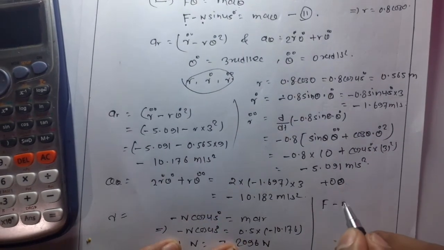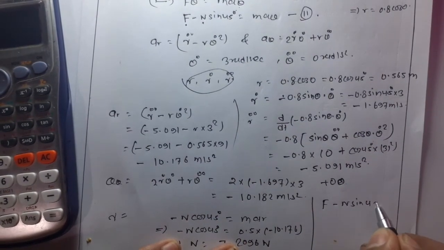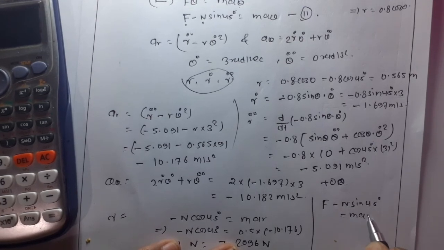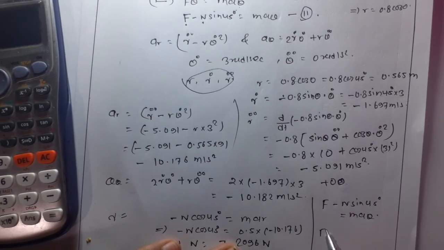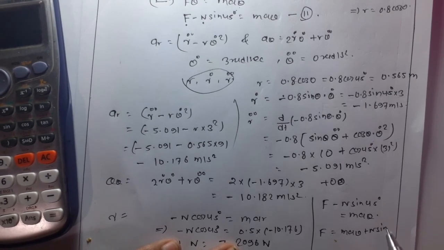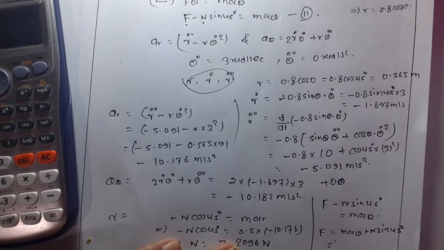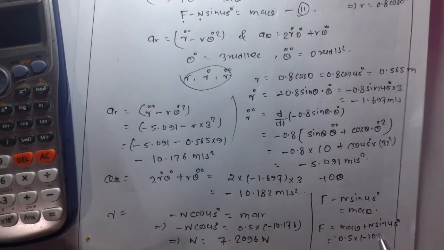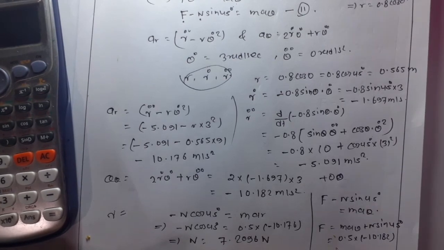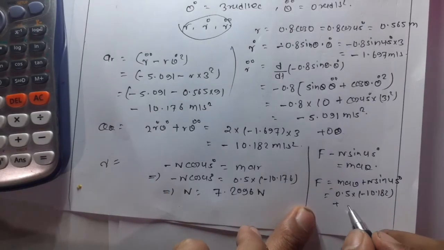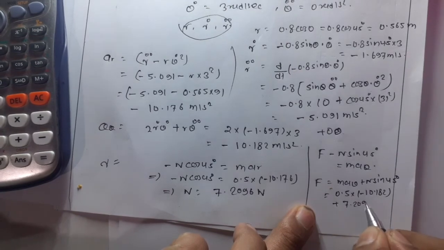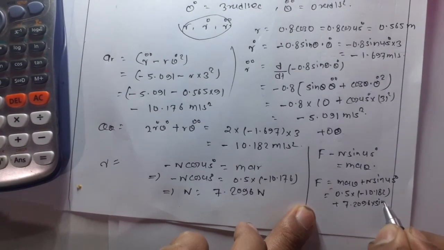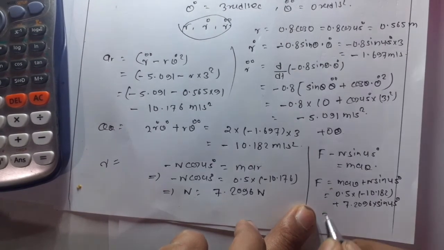And from equation number 2, F minus N sin 45 degrees is equal to m a_theta. So F is equal to m a_theta plus N sin 45 degrees. So this is 0.5 into a_theta, which is minus 10.182, plus N, which is 7.2096, into sin 45 degrees.